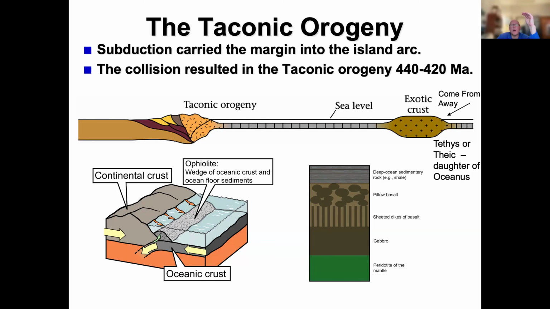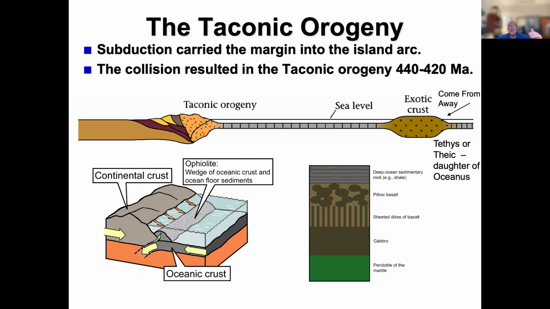I don't know how complicated we want to get into them, but there's a sequence of them in that rectangular box on the lower right that tends to have the perfect sequence of rocks that we would see in an ophiolite, with a bunch of sediments deposited on basically the bottom of the ocean floor, maybe something we call pillow lavas, where lavas have erupted onto the ocean floor and been preserved, maybe some other older rocks that have intruded through cracks beneath that, and then some other rocks, including pieces of the mantle at the very bottom.